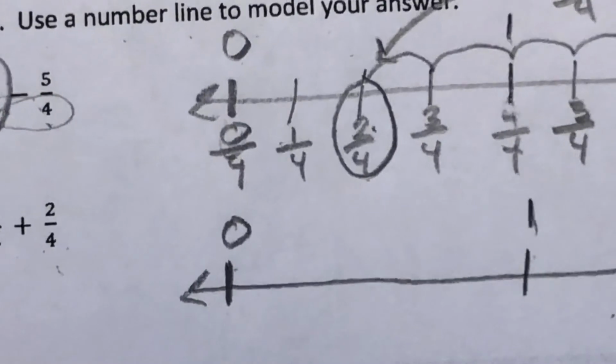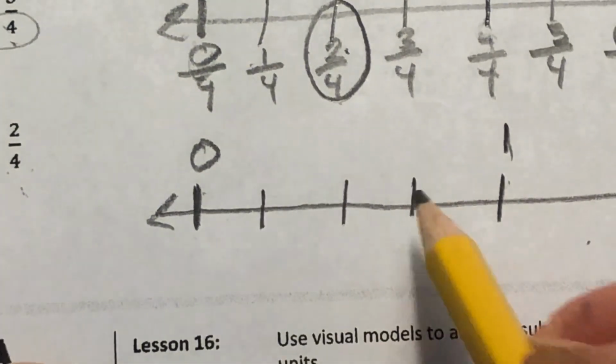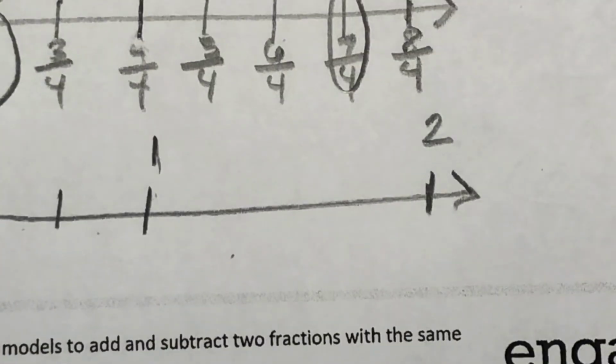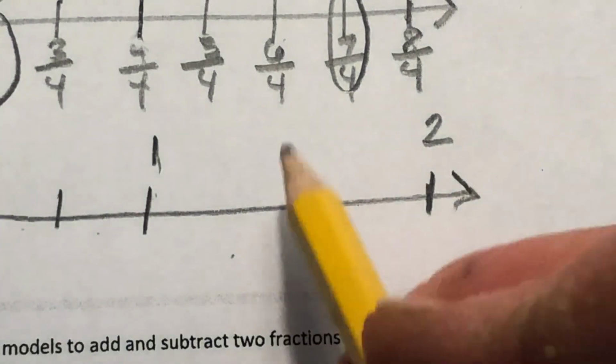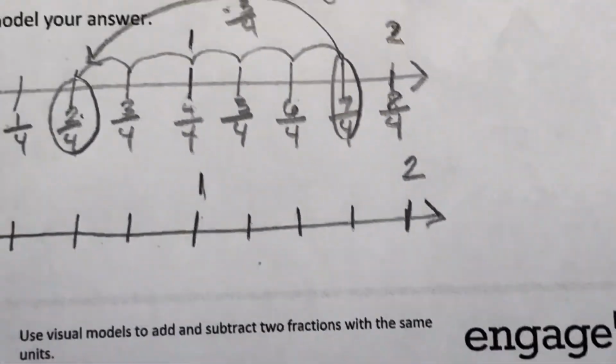So I'm just going to partition 0 to 1 into fourths. 1 down the middle. Split that. There's fourths. 1, 2, 3, 4. Let's split this next whole between 1 and 2 into fourths. Down the middle, split those in half. Good.